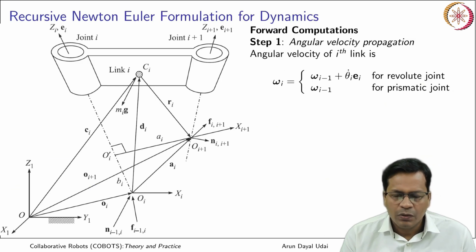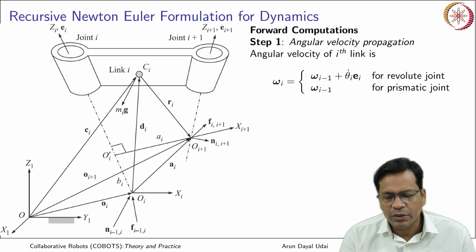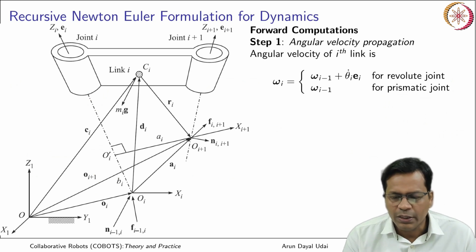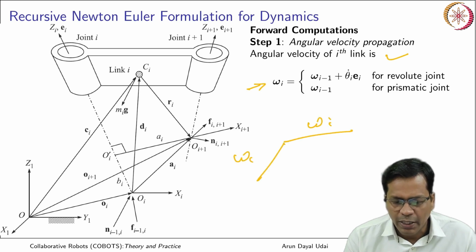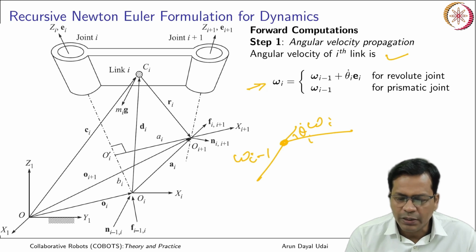So, forward computations. In step 1 we calculate the angular velocity propagation. The angular velocity of the ith link is given by omega i. If there are two links, omega i would be equal to omega i minus 1, that is for the link before this, plus theta i dot into the axis vector e i.